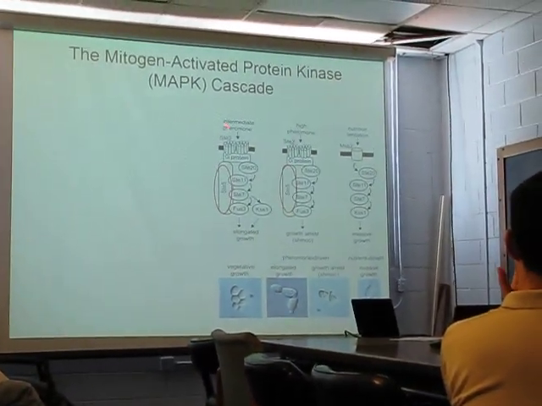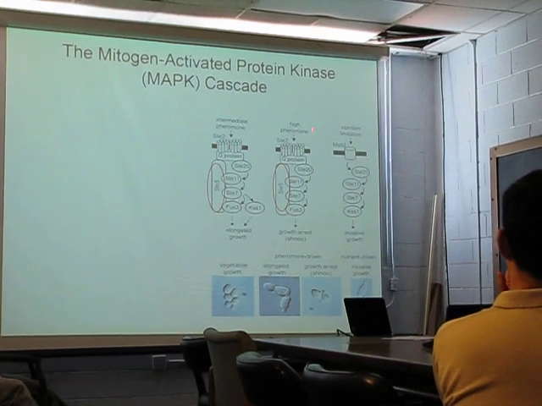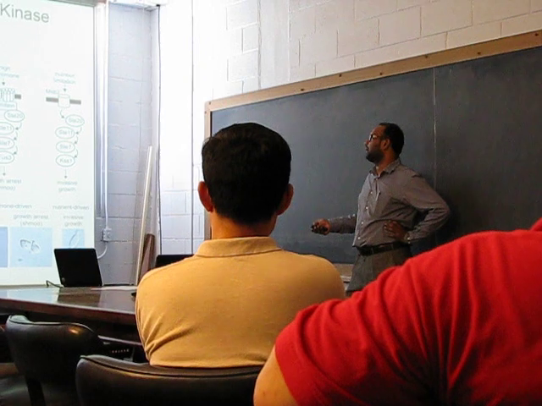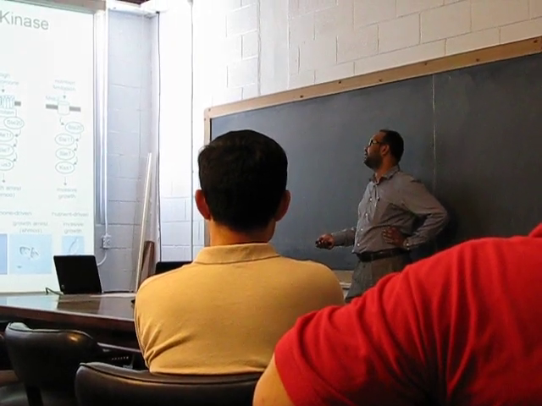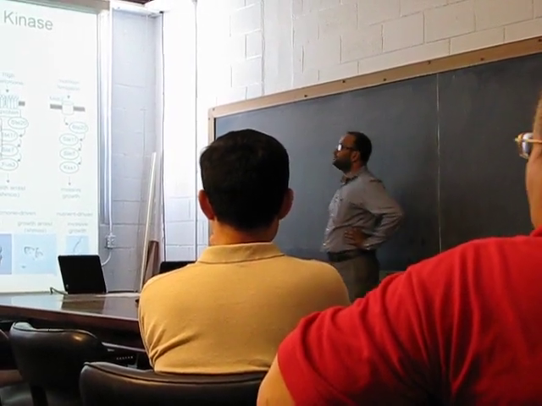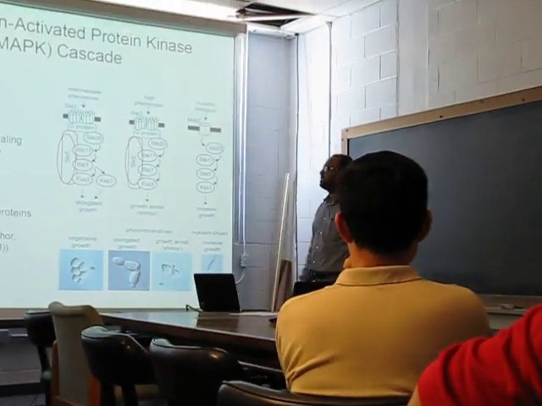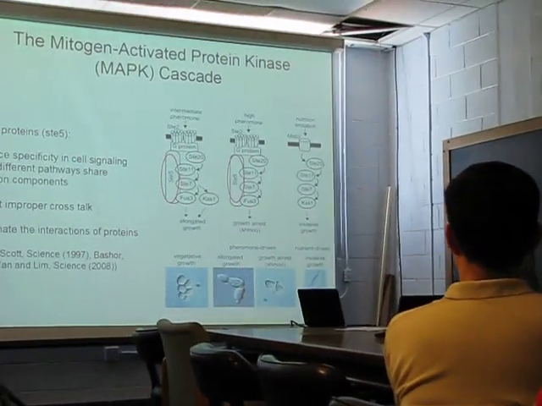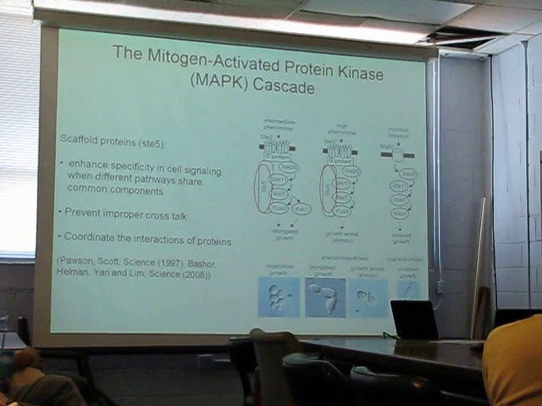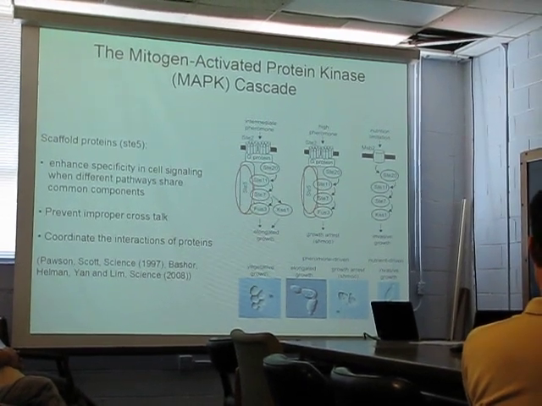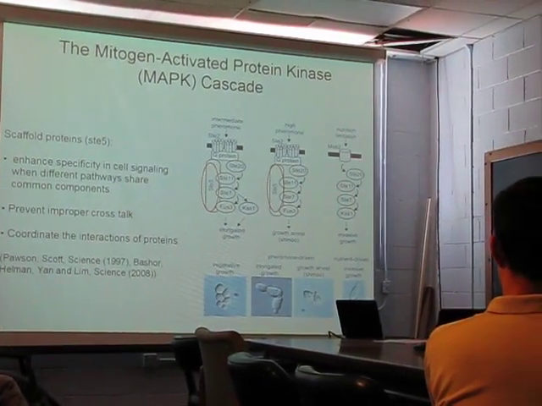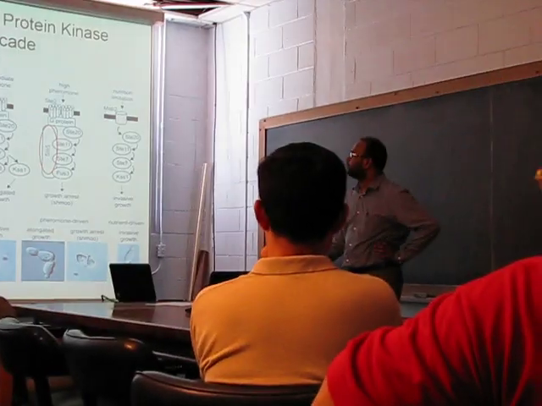And you can see for different concentrations of chemical, it uses the same pathway, although it sends out different output. So scaffold protein enhances the specificity of cell signaling. It prevents improper crosstalk.